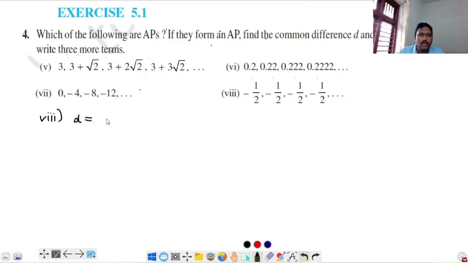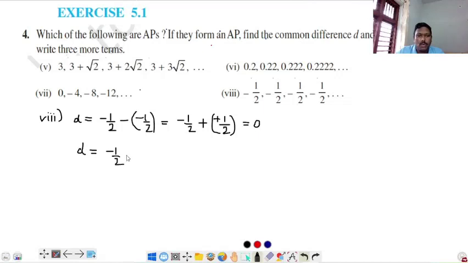D is equal to second minus first, that is minus 1 by 2 minus minus 1 by 2. Subtraction will change into addition, and minus 1 by 2 will change into plus 1 by 2. So while adding minus 1 by 2 and plus 1 by 2, we will get 0. The next D also: third term minus 1 by 2 minus minus 1 by 2, again you will get 0.